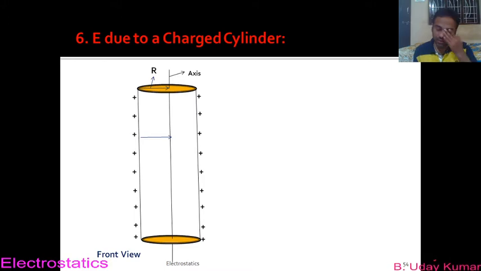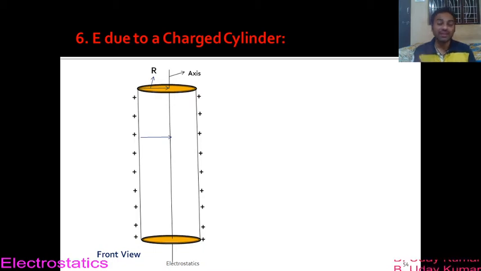Remember, in the case of a charged cylindrical conductor, the charge is distributed only on its curved surface, and there will not be any charge inside the conductor, which we already discussed.